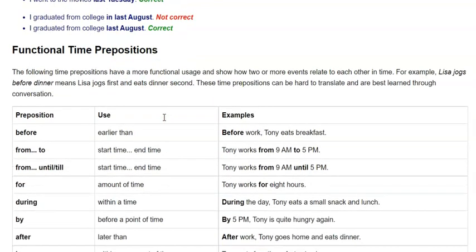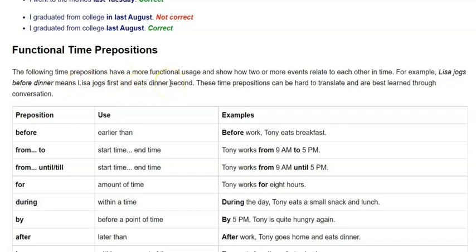Functional time prepositions can be used when we are trying to relate two or more events together, right? For example, Lisa jogs before dinner means Lisa jogs first and eats dinner second.